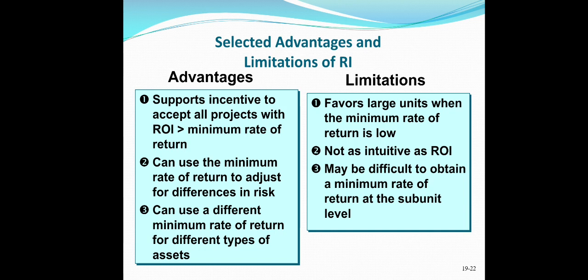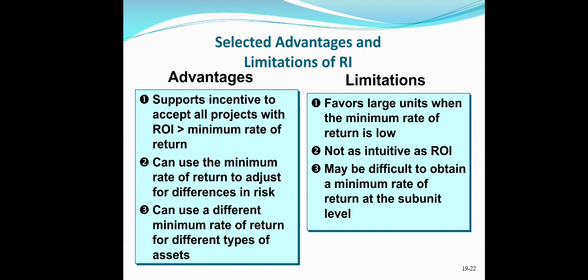For equipment, this is the minimum rate of return. For investment in intangible assets, this is the minimum rate of return. So you can adjust the minimum rate of return according to the type of the assets.